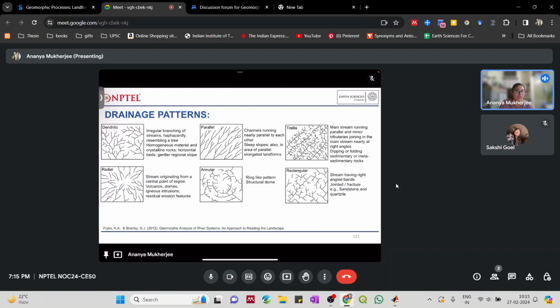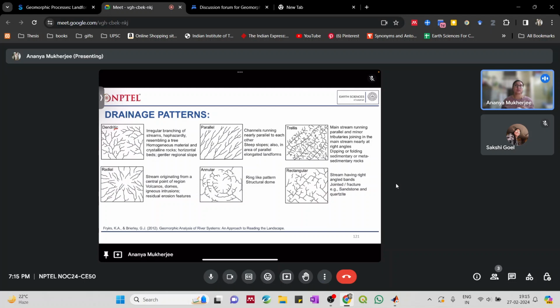These are usually irregular, tree branch shaped streams, and they usually flow over an area which has a homogeneous substance. So there is not a mixture of different kinds of sediments or rock types present.